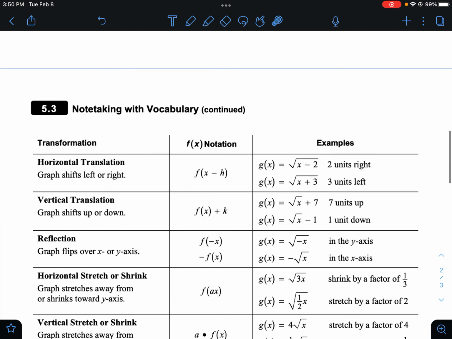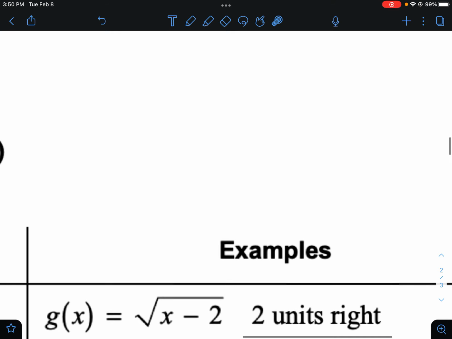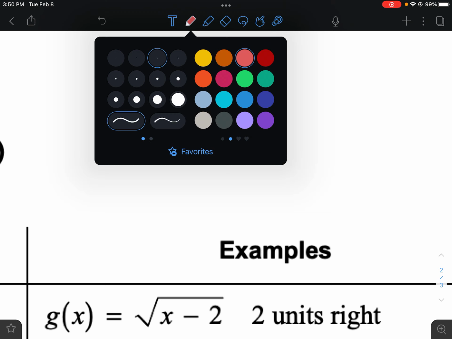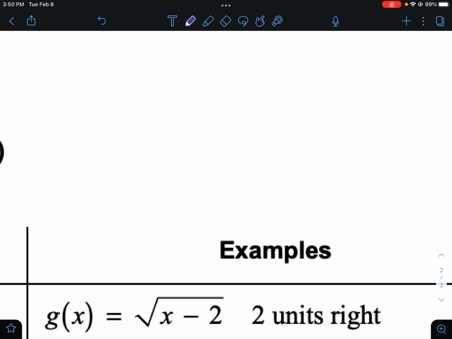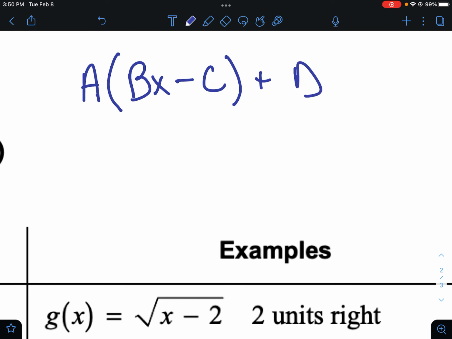What we need to know here is that everything follows, and you can write this up here in the top right-hand corner, the form a parentheses bx minus c plus d.